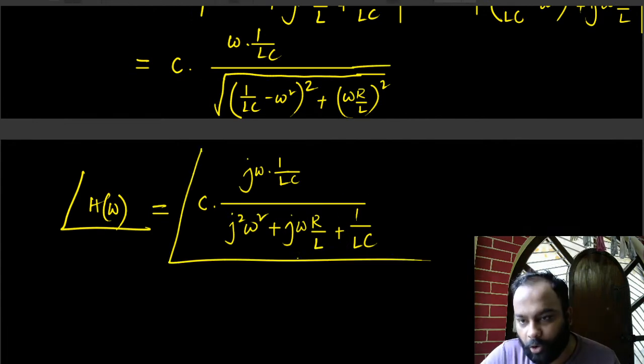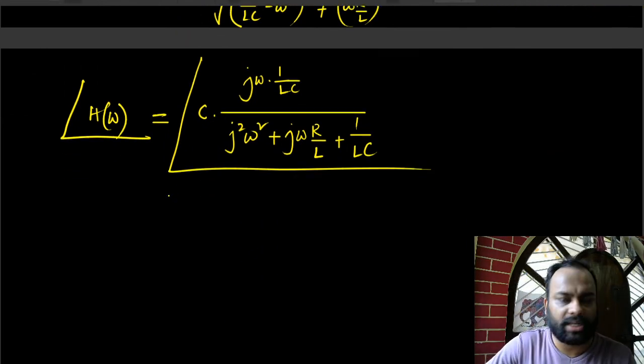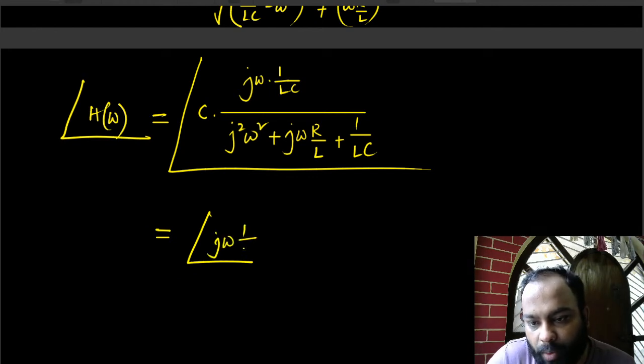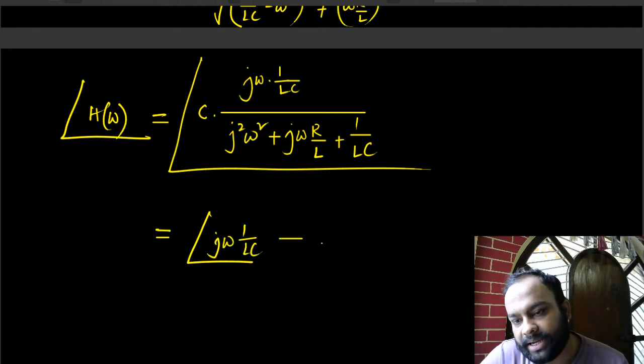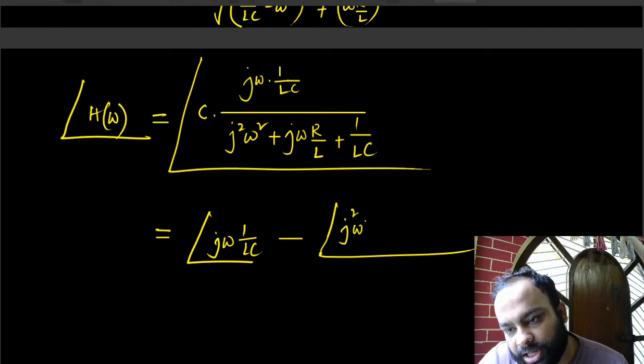Try to follow, because this C is a positive constant, so it goes outside and is independent of everything. So I'm talking about the phase of j omega 1 by LC minus the phase of j square omega square plus j omega r by L plus 1 by LC, right?